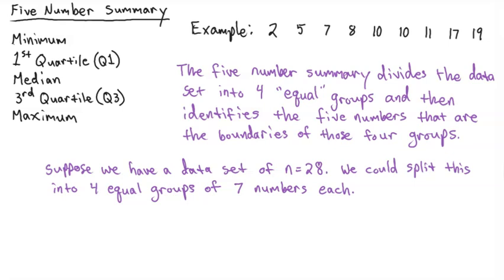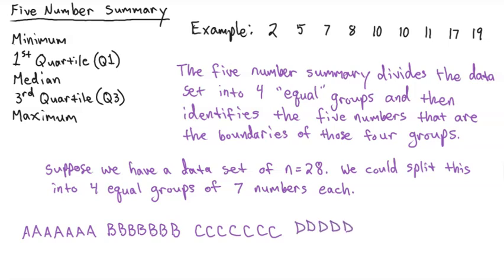So I'm going to give you examples of these 28 numbers, and I'm going to represent them with the letters A, B, C, and D. So these 7 A's are all representing different numbers. These 7 B's are representing 7 other numbers. These 7 C's are representing 7 other numbers. And these 7 D's are also representing numbers.